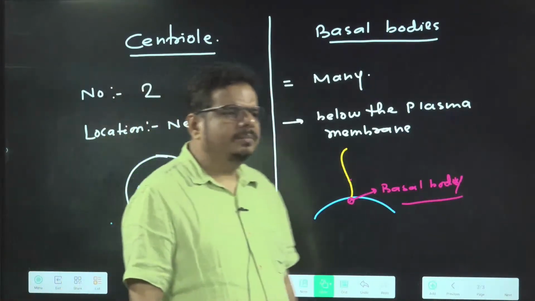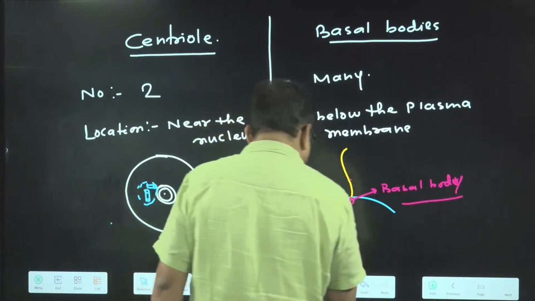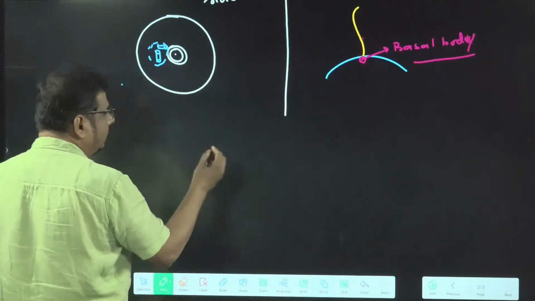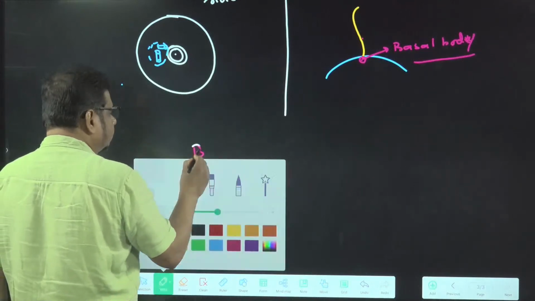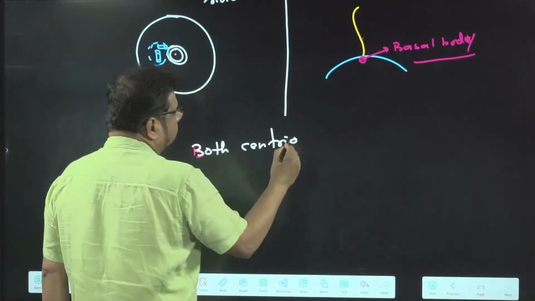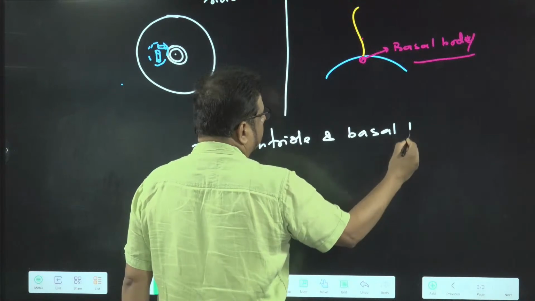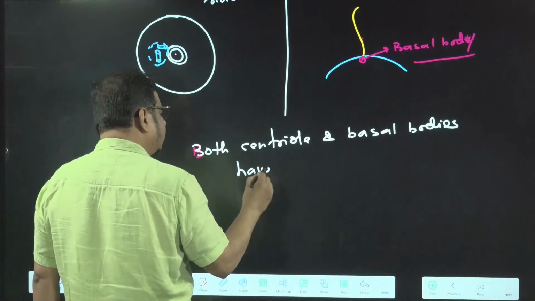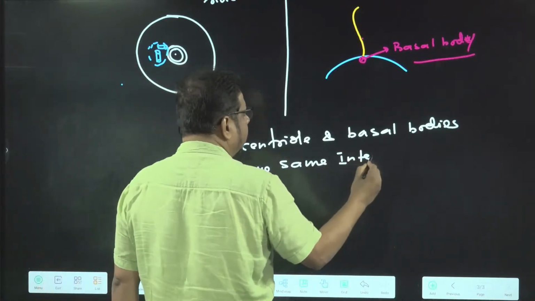Now we are going to deal with the ultrastructure of centriole and basal body. What you have to know is that both centriole and basal body have the same ultrastructure, the same internal structure.